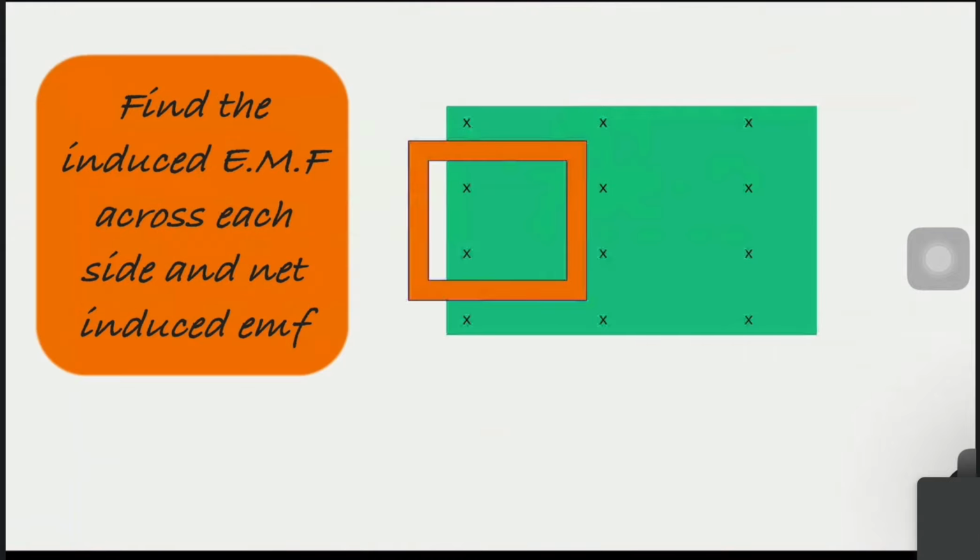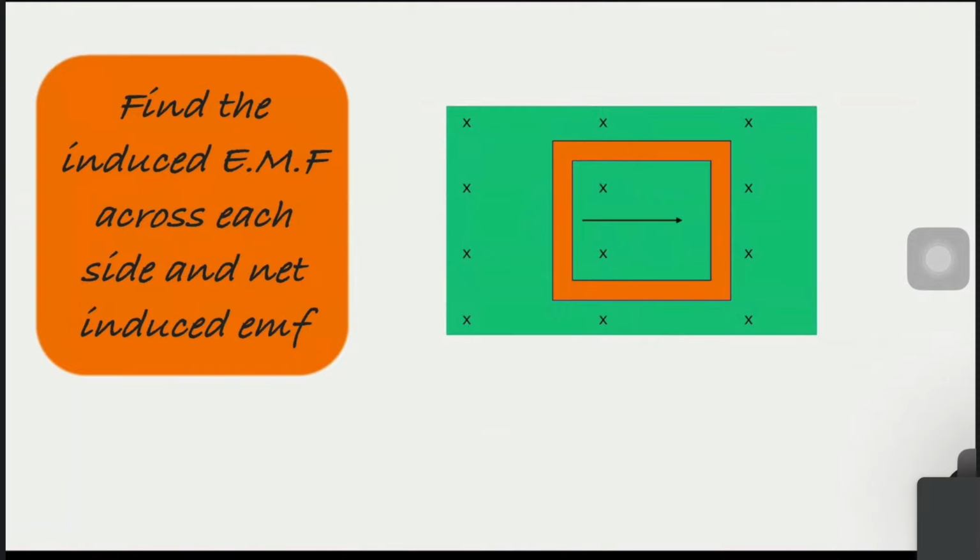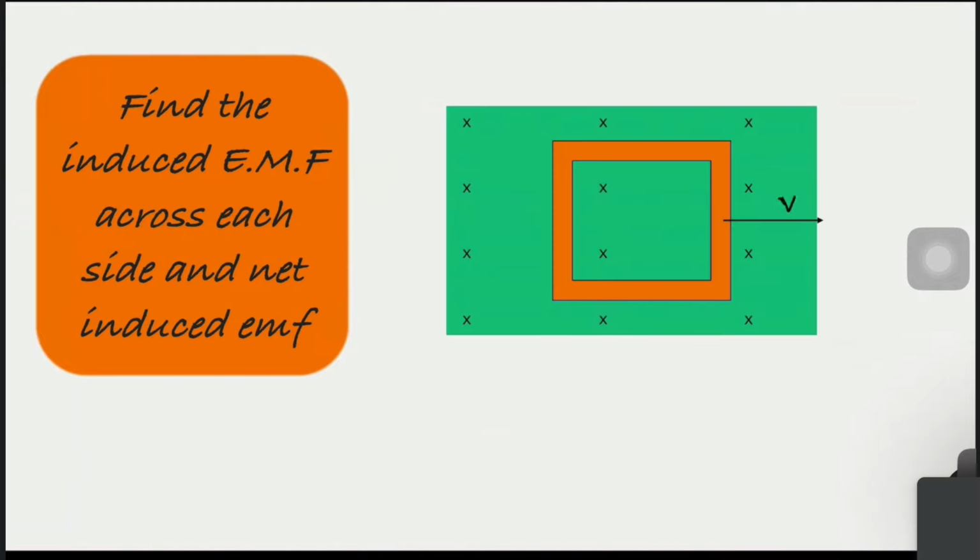So let's say you have this complete square loop. It's moving to the right with a velocity v. Each side has a length L. So this is A, B, C, D. Do it one by one.